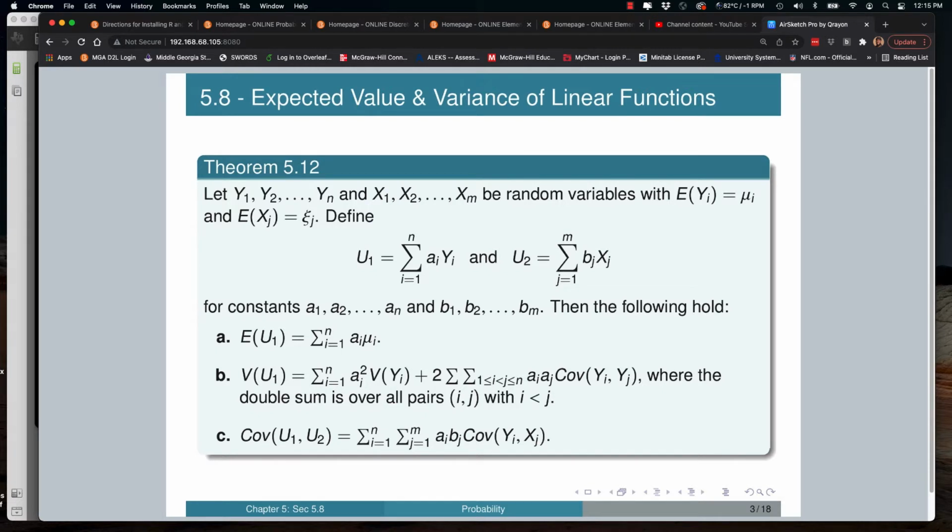If we have the random variables y sub 1 through y sub n, and say another set of random variables x sub 1 through x sub m, they're just setting up our formulas for us, with the expected value of y sub i equals mu sub i, and the expected value of x sub j equals xi. Now you've probably never seen this symbol. If you have, you've seen it somewhere else. That's another Greek letter, called xi, pronounced with a kind of 'k' sound in it.